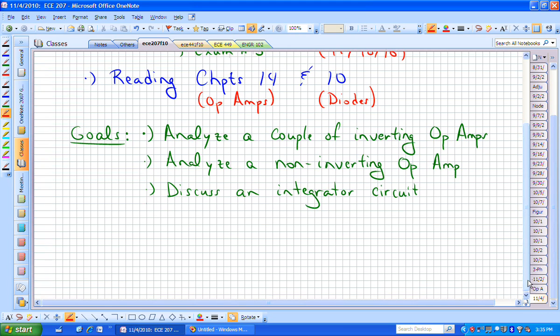We'll look at a couple of different inverting op-amp configurations. This is just how to connect different external elements around these op-amps or operational amplifiers. We'll look at a non-inverting op-amp, and hopefully that makes sense to you as far as what we're doing. In the inverting op-amp, we're obviously negating the input signal. That may or may not make any difference.